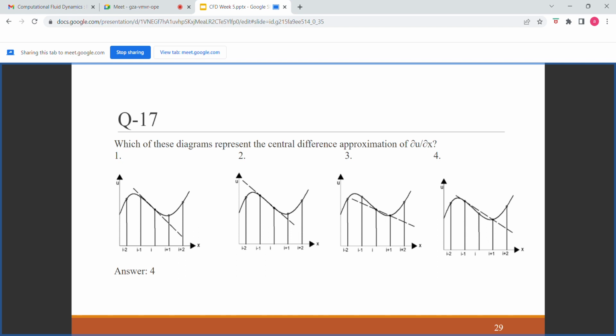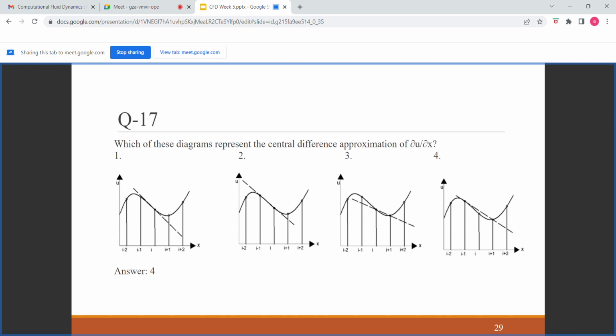That would give us a first order scheme. The backward difference scheme would be ui minus ui minus 1 divided by delta x, and the central difference scheme would be ui plus 1 minus ui minus 1 divided by 2 times delta x.